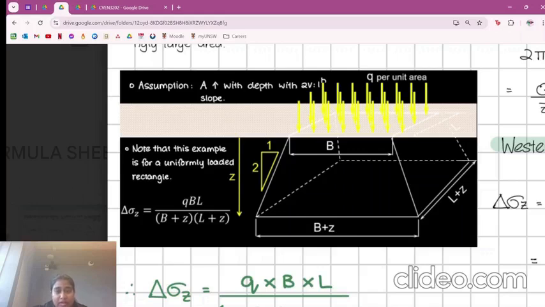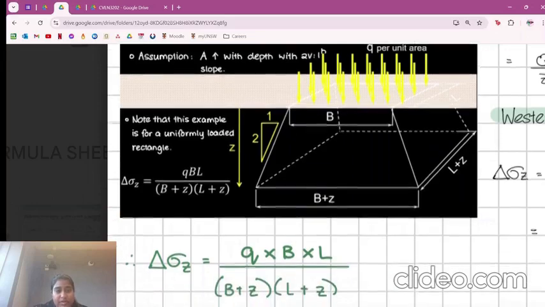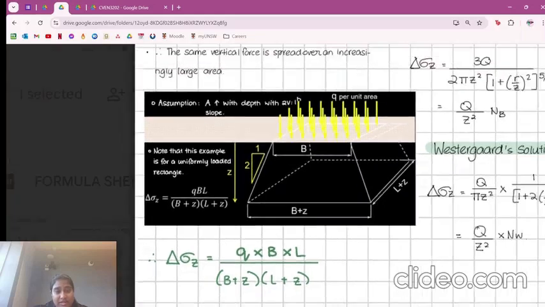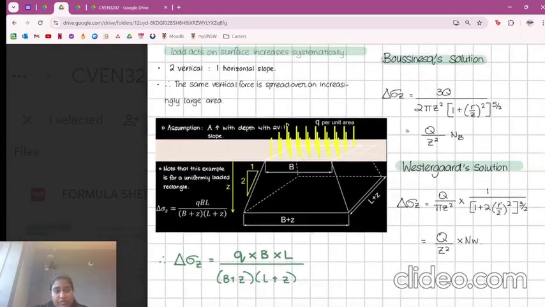And the deeper you go, or the greater your Z value, the greater your B and your L become, as represented in this formula here. So as you can see, the deeper the soil particle is, the greater this value and this one are going to be, and when you sub them into this formula, the change in stress is going to increase.